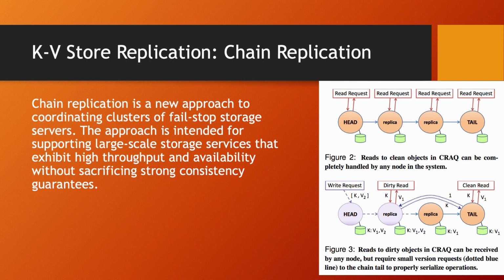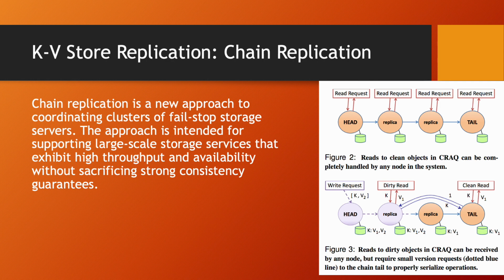Now consider a scenario where, as you can see in the image, a write request comes for k v2, so it gets written at the head, it goes to the second replica, and it gets written over there. But before it can propagate to the third node, a read request comes for k on the second replica.